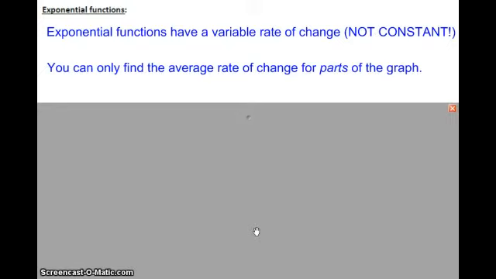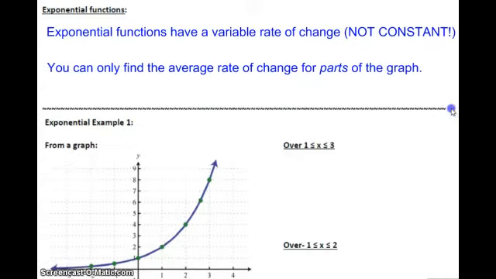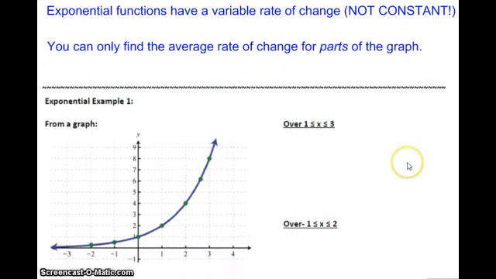So it is not constant, and you can only find the average rate of change for parts of the graph. You see our exponential function here. If we were just to look at the slope, it would be very close to 0 here. It's not steep.